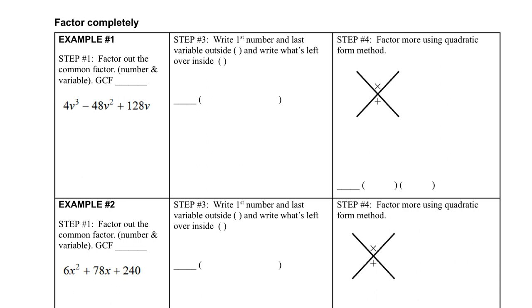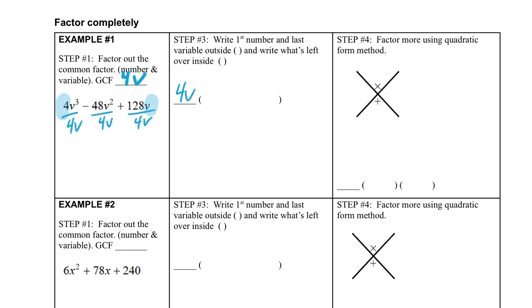So GCF, it's always going to be the first number. Let's make sure we just highlight the number and the last variable. So that means I have 4v. Then that 4v stays up front, but I need to divide everything by 4v.